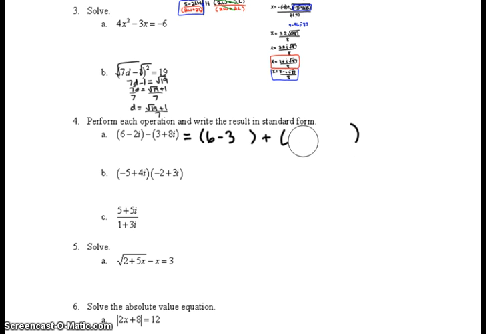Actually, we're going to put the i's on the outside: negative 2 minus 8. So 6 minus 3 is 3, and we get a negative 10i here. So the right way to write it is 3 minus 10i.